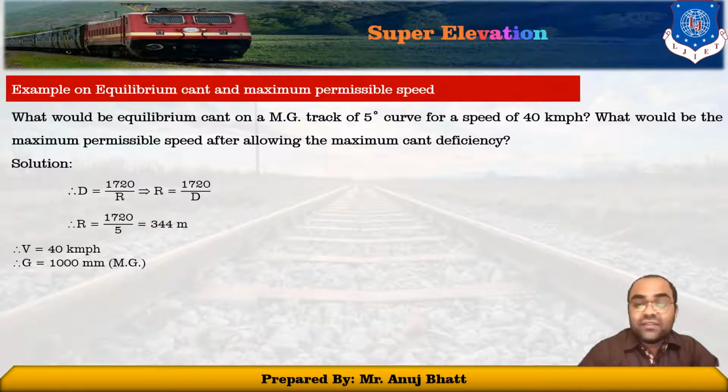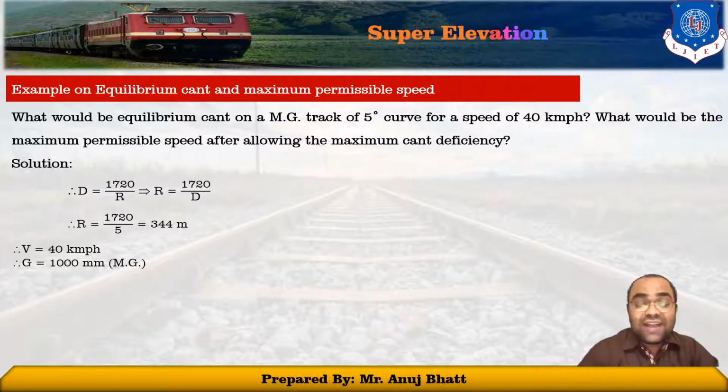With that, the radius of the curve we will have is 344 meter. The speed is given, that is 40 kilometer per hour. And the track is of meter gauge, and for the meter gauge the value of G would be 1000 millimeter.